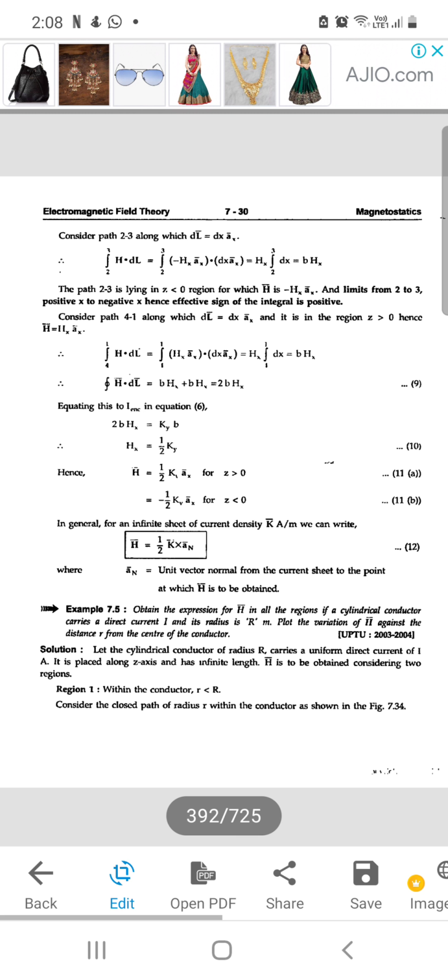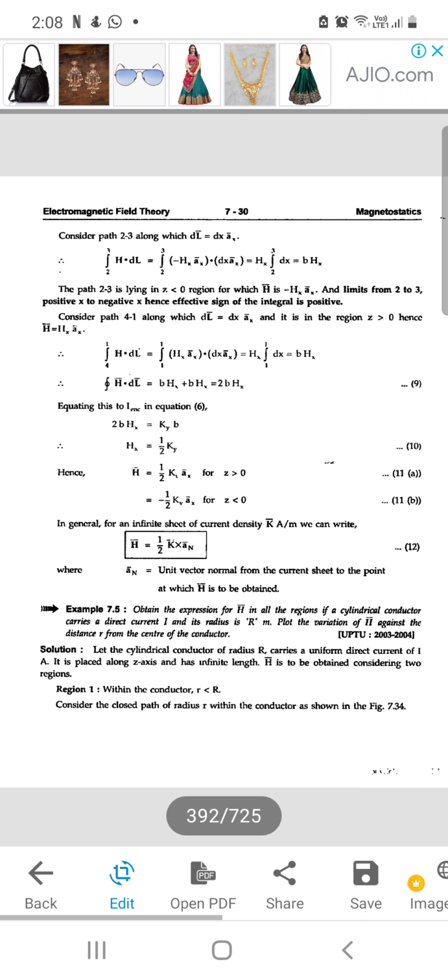So when you consider the 4 paths, you have a nonzero value only in 2 paths, that is path 2 to 3 and path 4 to 1. Our answer will be b Hx in both cases. So our total magnetic field intensity will be b Hx plus b Hx, which is equal to 2 b Hx.